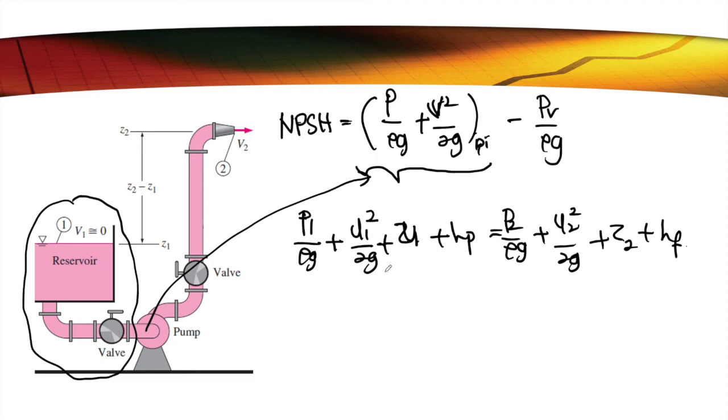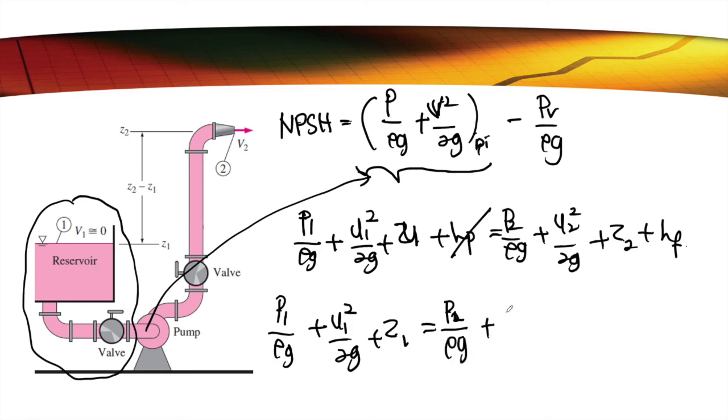Now we are calculating the value before the pump, so therefore H pump will be removed from this equation. So P1 over rho g plus U1 squared over 2g plus Z1 equal to P2 over rho g plus U2 squared over 2g plus Z2 plus HF.